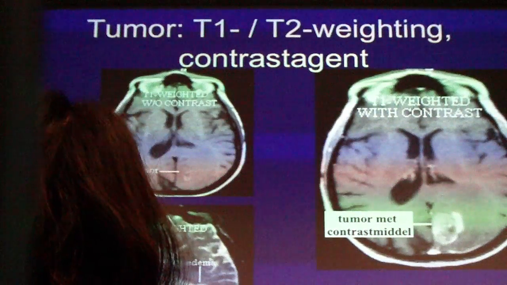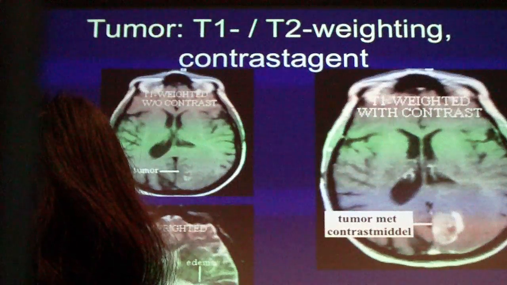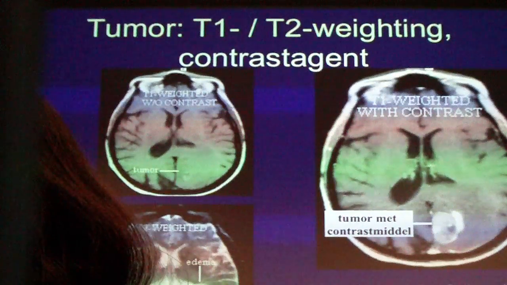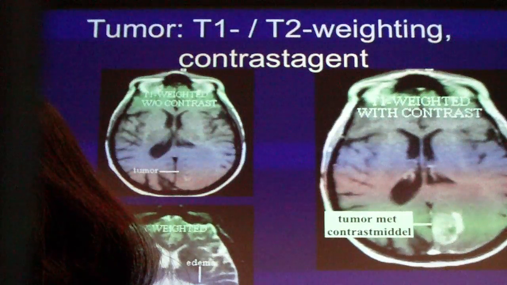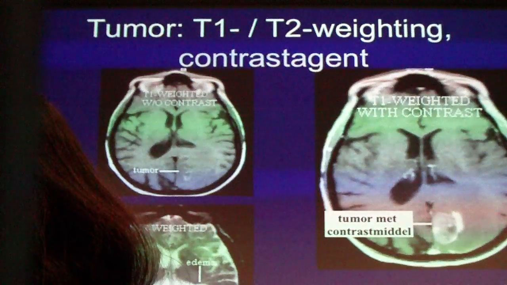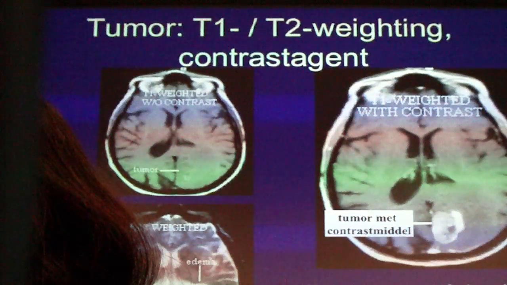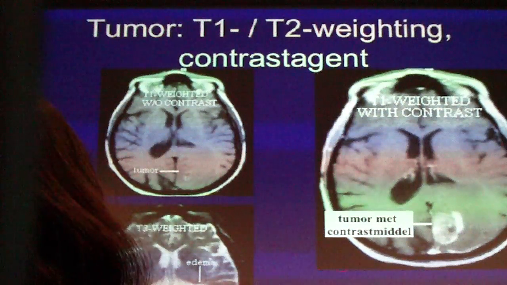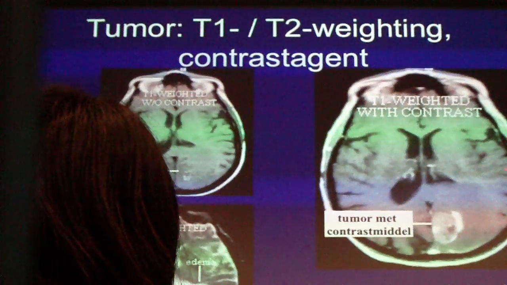If there is a tumor, it's the case that the blood vessels around the tumor get leaky, so you have extravasation of plasma. So this is the image with the contrast agent.